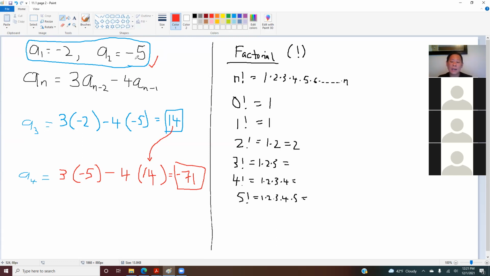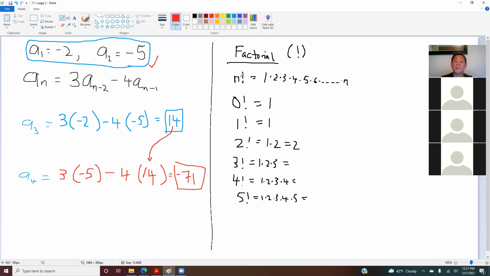Okay. Next, we're going to talk about factorial. Factorial in this case means you multiply. The factorial symbol we use is an exclamation point. So n factorial in this case is 1 times 2 times 3 times 4 times 5 times 6 times 7 all the way till n.